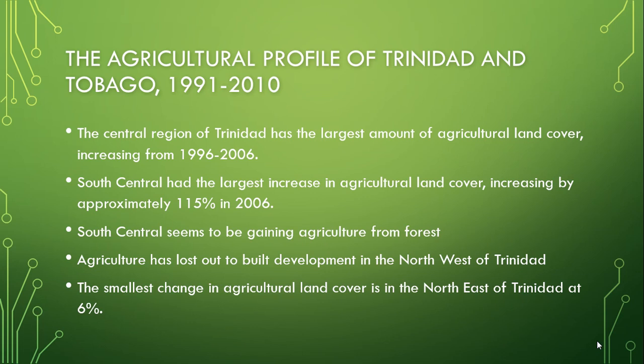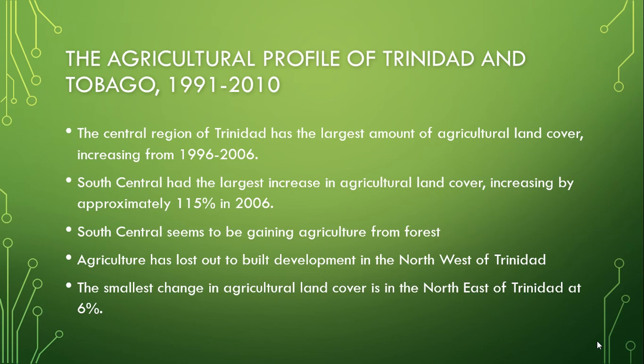South Central has the largest increase in agricultural land cover, increasing by a whopping 115% in 2006. That same area seems to be gaining agriculture mainly from forest. So here we find some deforestation taking place at the expense of agricultural activities.